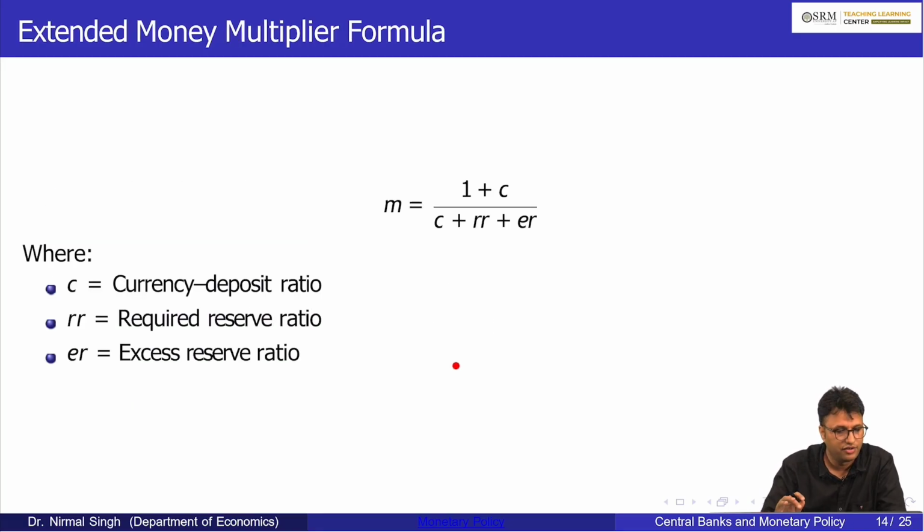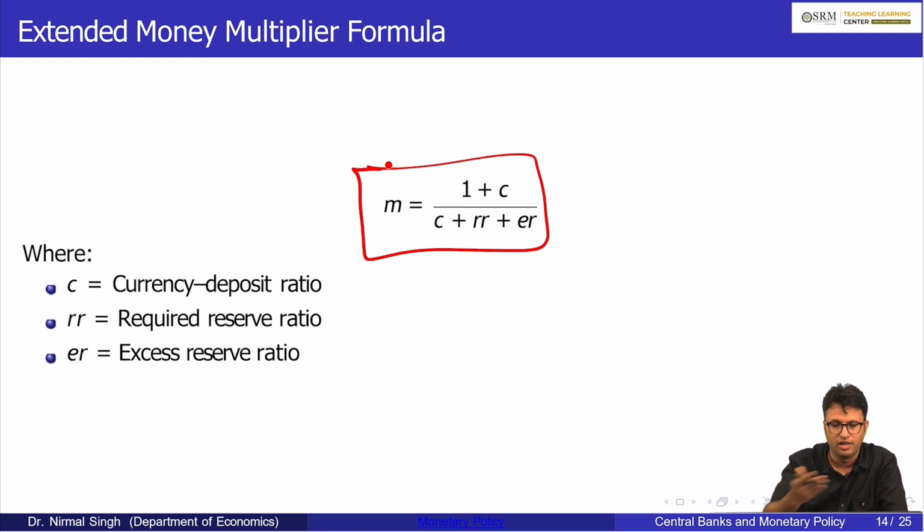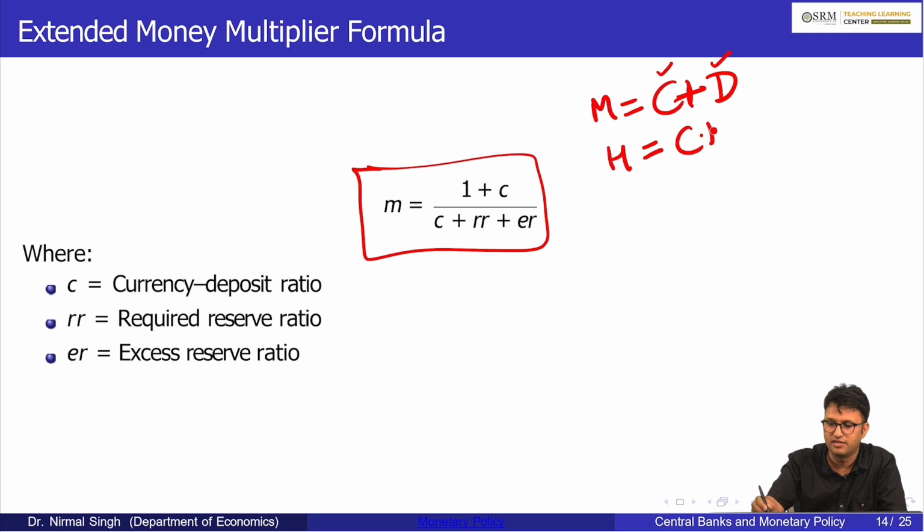Now this is the extended formula of the money multiplier. In the earlier formula we made certain assumptions. So I will discuss how we reach this formula. So we know that the money supply is equal to currency plus deposits, because the currency and the deposits ultimately create the money supply, and H is the high powered money, that is currency plus reserves.